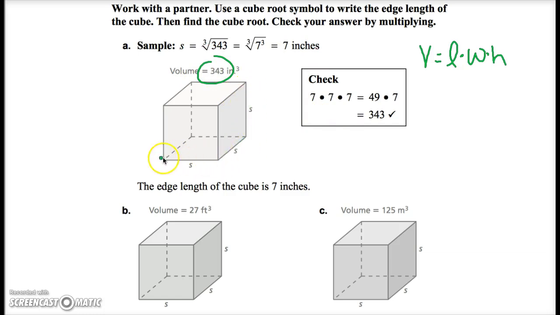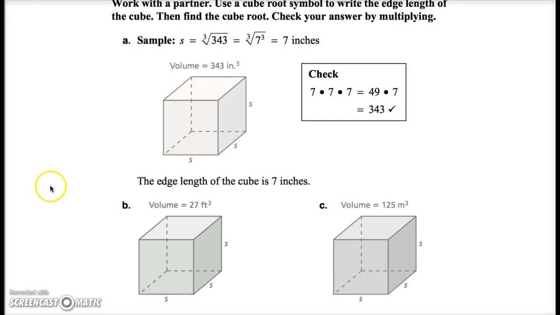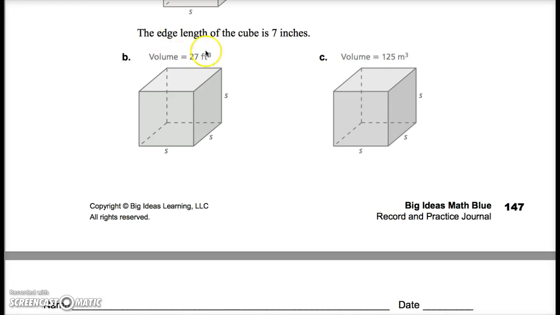Well, we know in a cube they're all going to be the same, so we just take the cube root of 343, and that equals 7, because 7 times 7 times 7 would equal 343. Okay, so let's jump down to B and C. On B, our volume is 27, so we're trying to figure out what times what times what would give me 27.